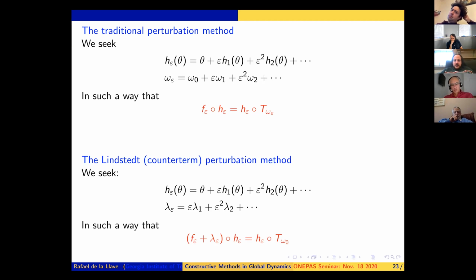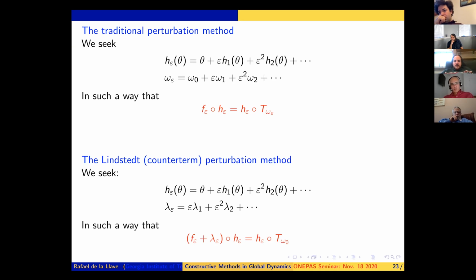And then there is the counterterm method, or Lindstedt method, where you try to modify the equation in such a way that the frequency remains fixed. This is a little bit more sophisticated and a little bit more artificial, but it's actually quite a good thing that also happens in lots of applications.